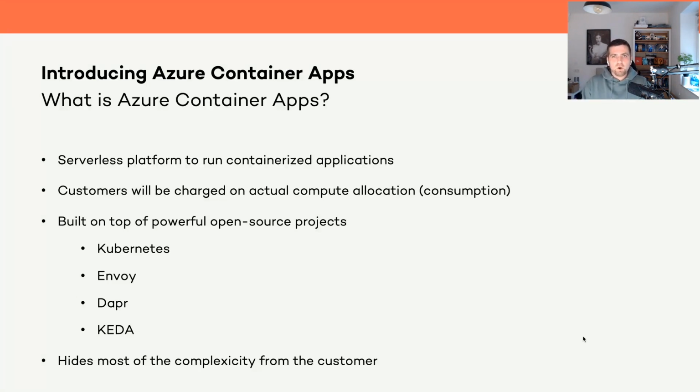First, there's Envoy, which is an Ingress Controller, which is used to route requests from the outside towards your containers. Then there's Dapr, the Distributed Application Runtime that we can use to build microservice applications.